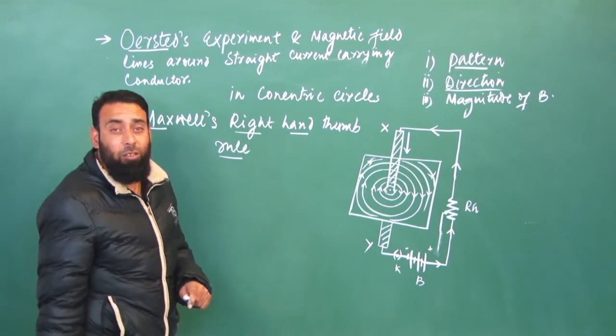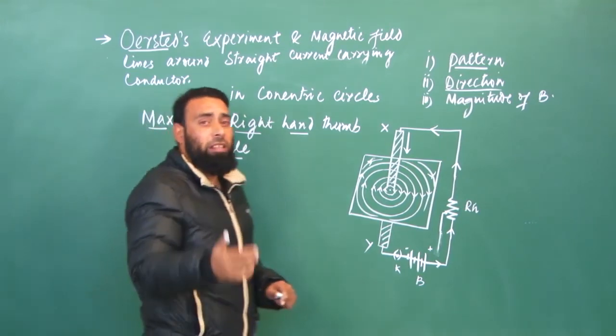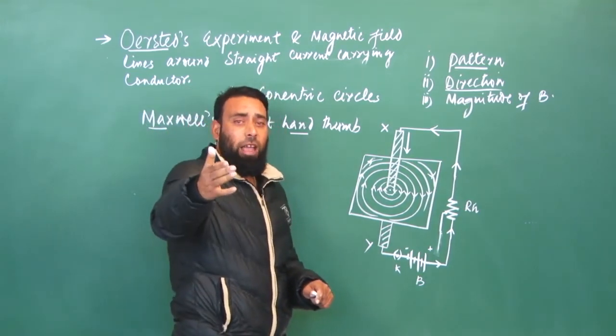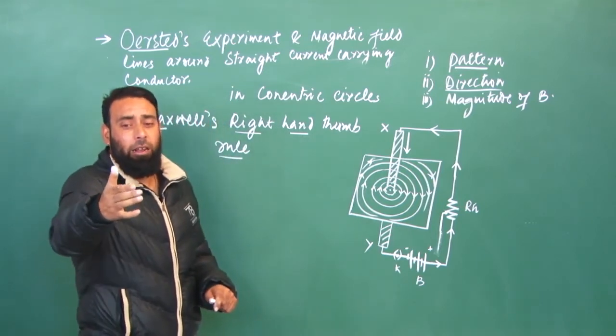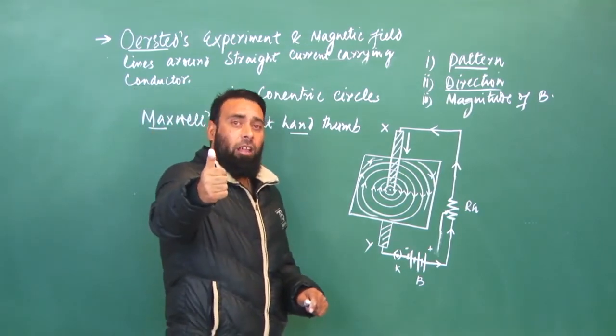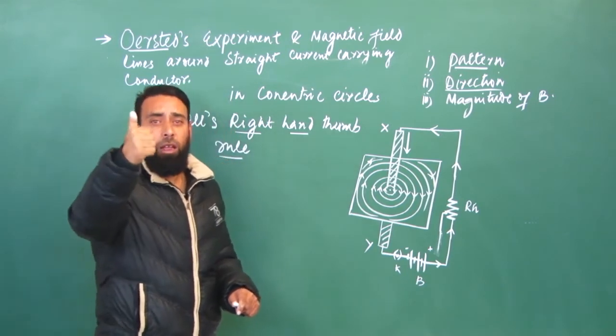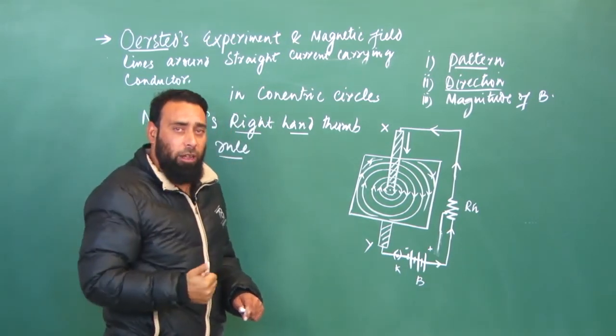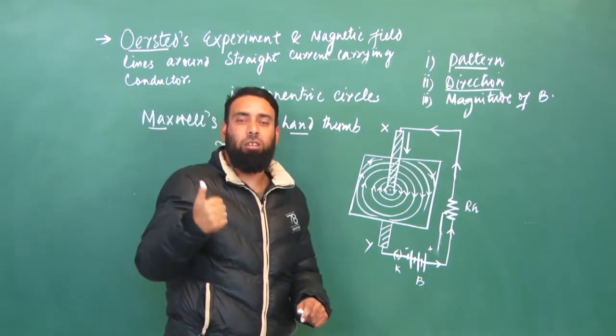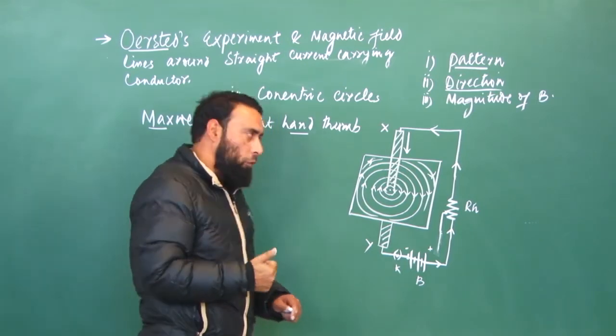As per Maxwell's right hand thumb rule, when you hold a conductor carrying current in the right hand in such a way that the thumb is in the direction of the current, then the curled fingers give the direction of magnetic lines of force.